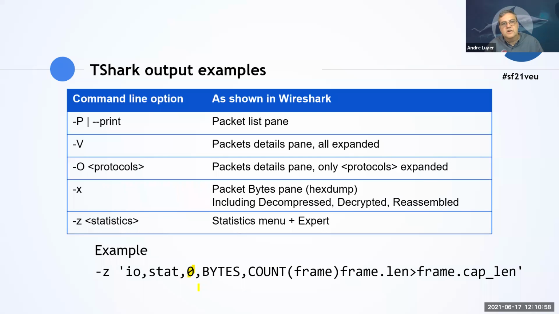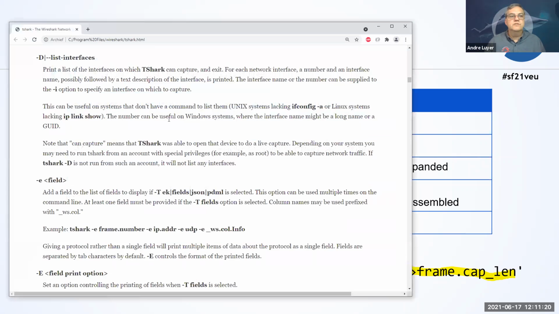In other words, I want the data of the whole file. You can select the columns you want to see, and you can specify which display filter should be used, and then what you want to do. In this case, count or average, or whatever. You can see what the possibilities are, of course, in the online help.